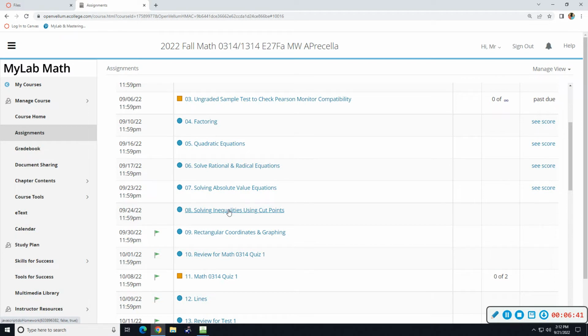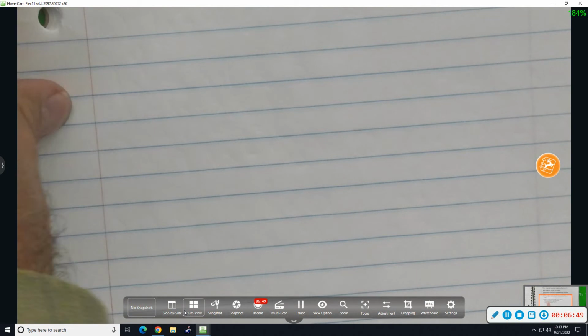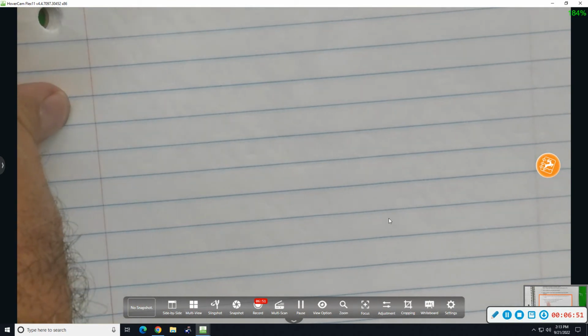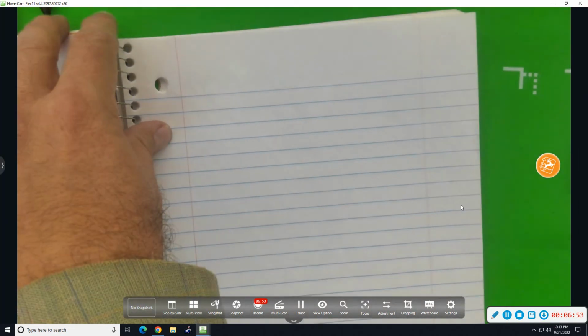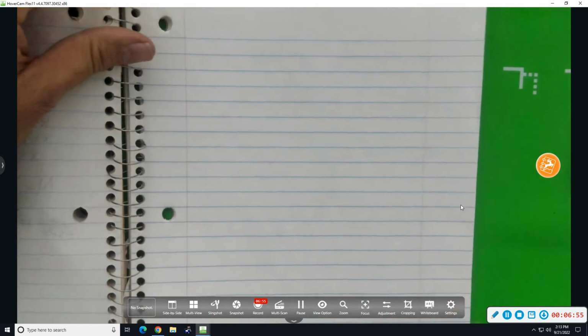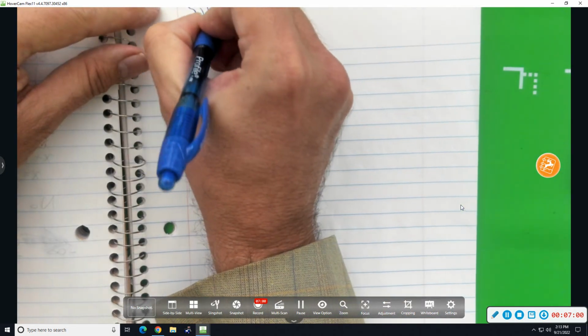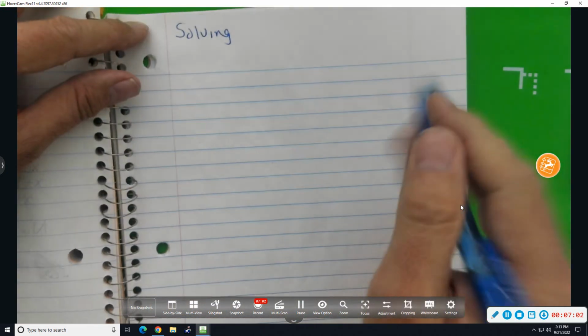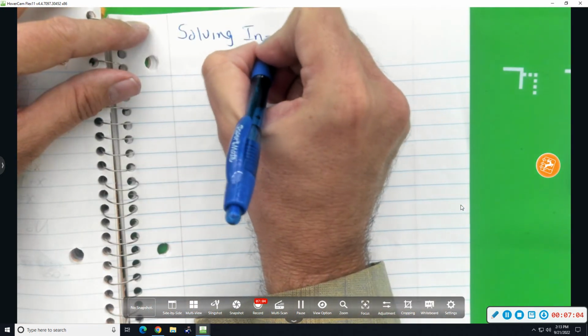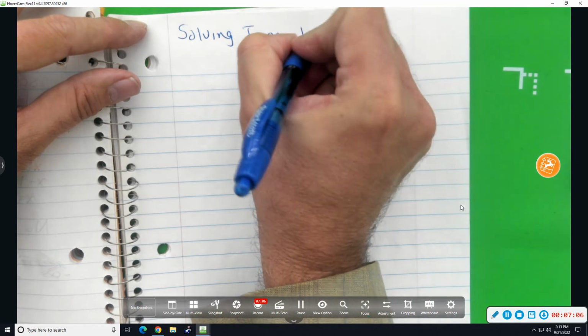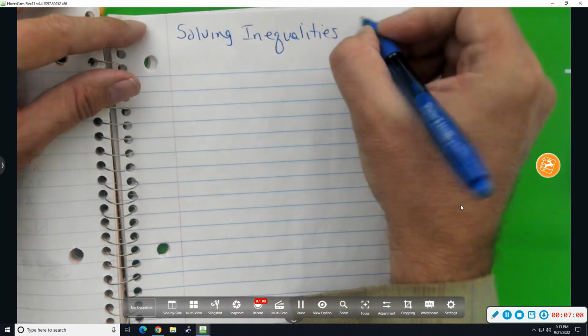So today's lesson is going to be solving inequalities using cut points.